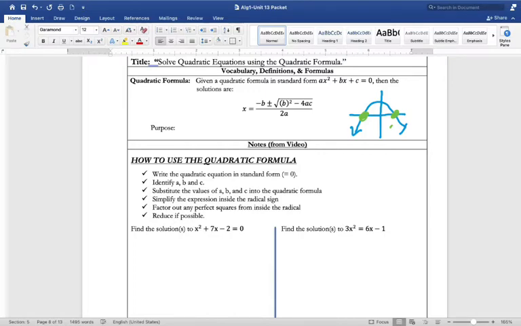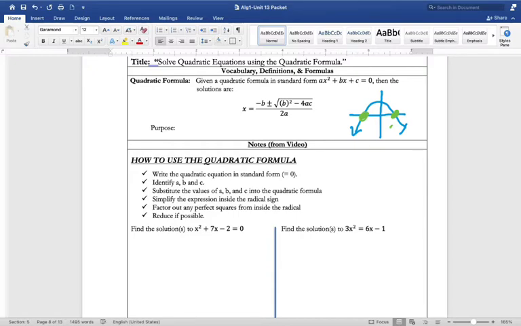The solutions turn out to be x equals negative b plus or minus the square root of b squared minus 4 times a times c, all over 2a. Now you might be given that on your assessments as you go forward. It's also something good to memorize, especially if you're moving on into higher level math past Algebra 2 someday as well. And you'll see this again in other classes too.